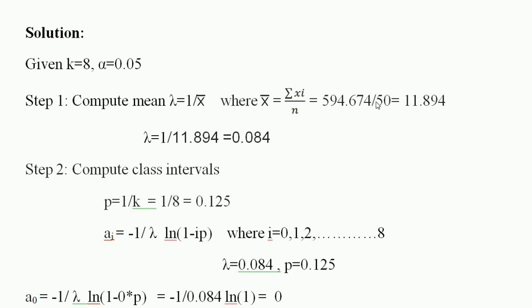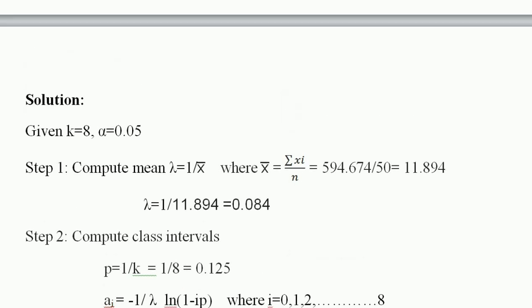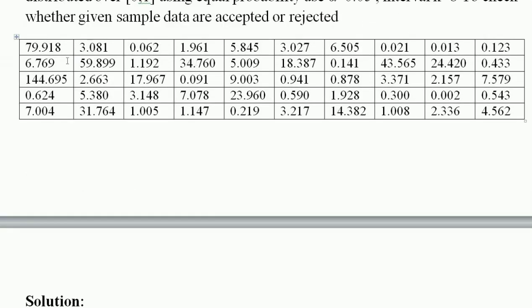Summation of xi is nothing but adding all the random numbers given in the table. If I add all the random numbers given in the table, I get this answer, 594.674, divided by the total number of random numbers. Counting them, we have 50 random numbers, so that is n.